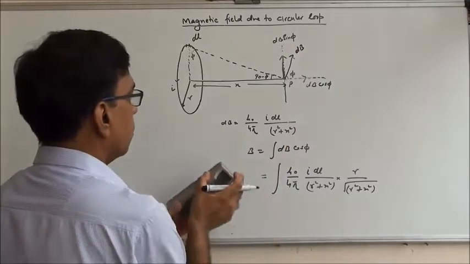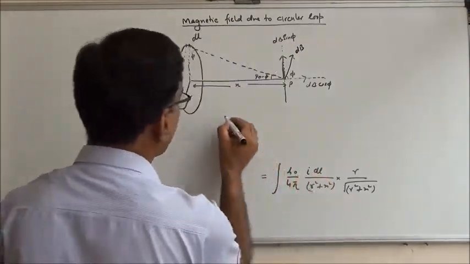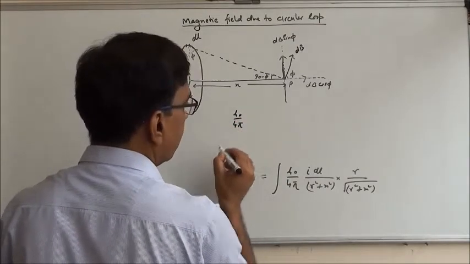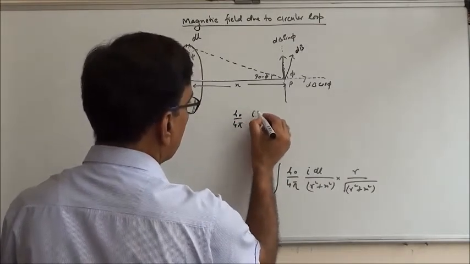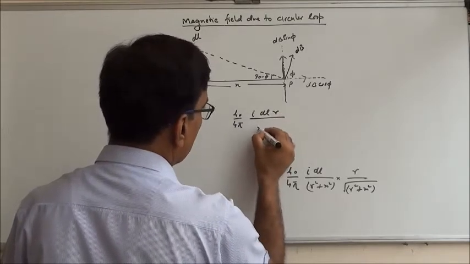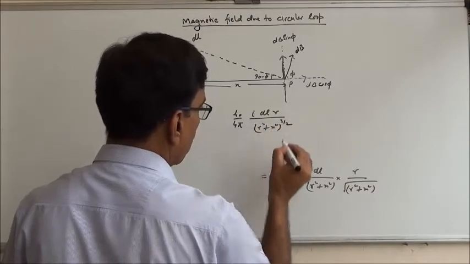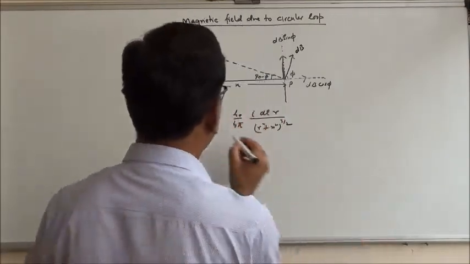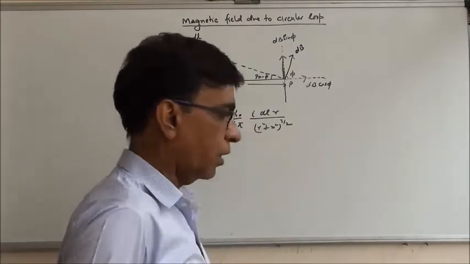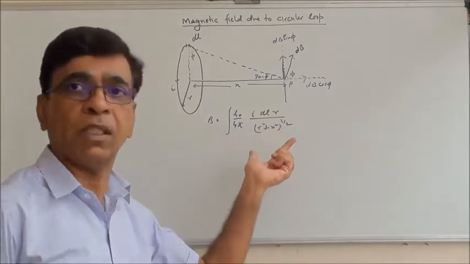Okay. So now this becomes mu naught by 4 pi I dl r upon r square plus x square raised to the power 3 by 2. This is the field. So simplified. Looks complex, but it is not actually.